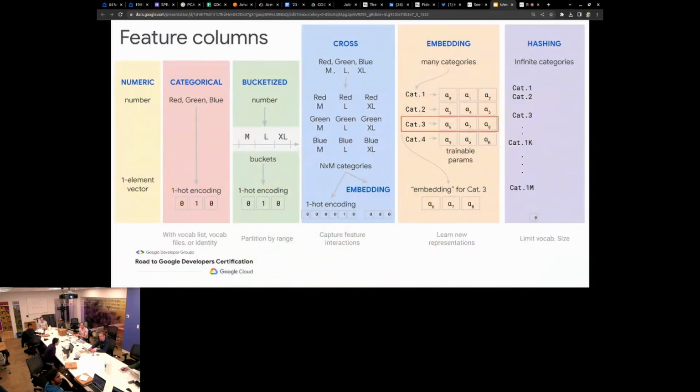Before we get into the feature engineering, let's see the types of features that you might come across when you are building a machine learning system. The simplest type of feature that you can think of is the numeric feature.